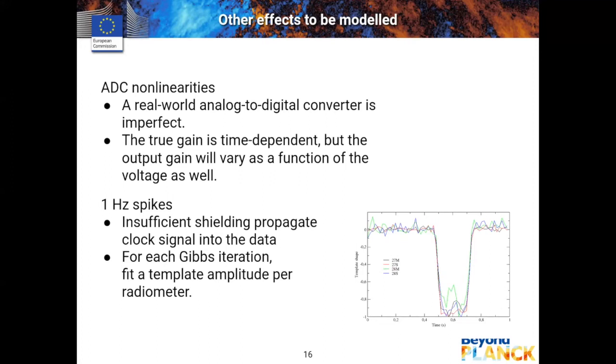And these spikes can be modeled using templates, but the amplitude of these templates is not 100% known. So this is another thing we can incorporate into the Gibbs loop: the amplitude of these templates per detector.